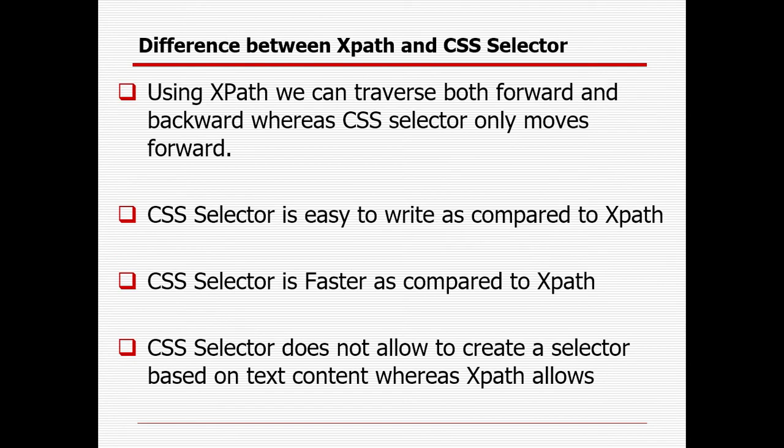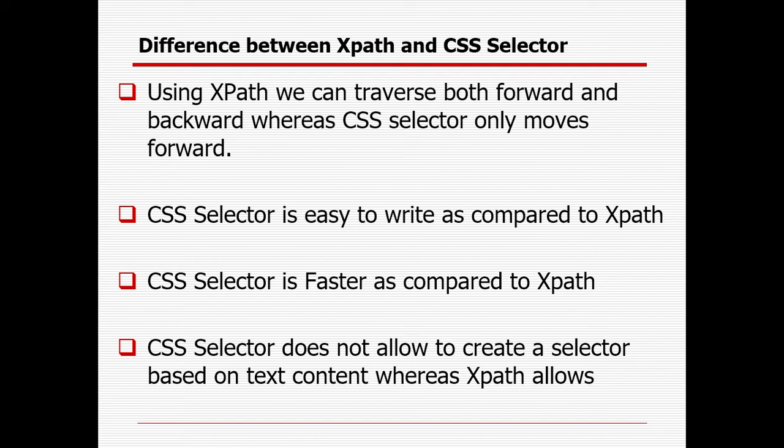So what is the basic difference between XPath and CSS selector? Using XPath you can traverse in the forward direction as well as the backward direction, meaning you can create the XPath from parent to child and from child to parent. But for CSS selector you can only go from parent to child; from child to parent is not possible.